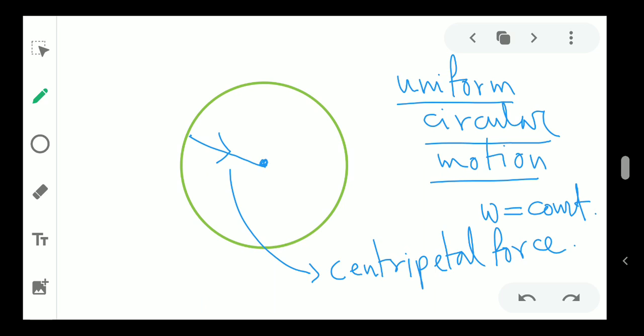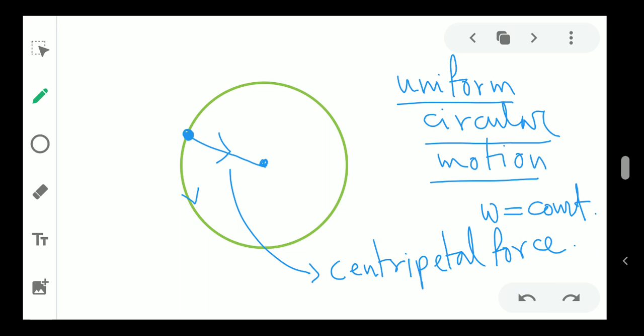So that means if some object is rotating in a circular path, then centripetal force is always acting on this particle so that it can rotate in a circular path. It does not go in the tangential direction.